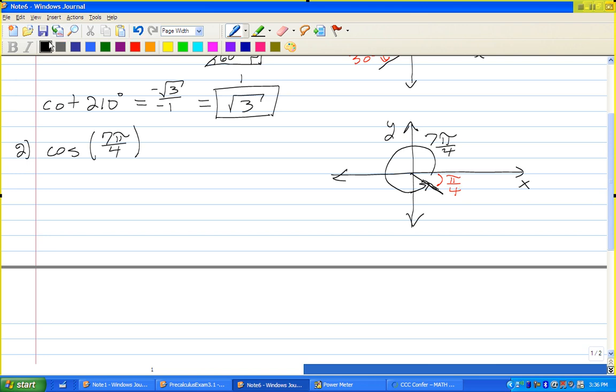Cosine will be positive in the fourth quadrant. We draw a triangle, a 45, 45, 90 degree triangle.